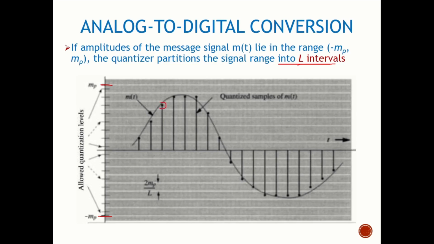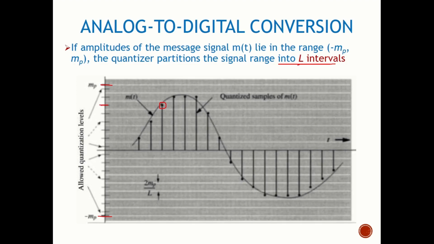So for example, this is a sample and we assign each sample to a certain level, and then as before we transmit the binary representation of that number, which is over here. So this is how pulse code modulation works.